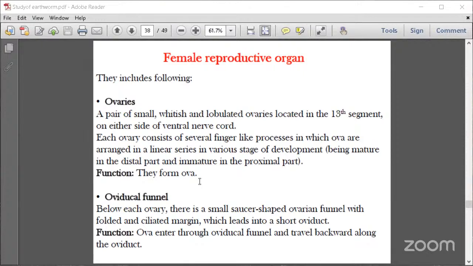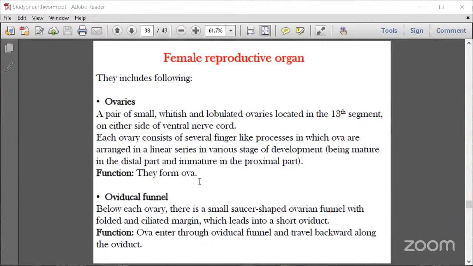Spermathecae are also called seminal receptacles, as they store spermatozoa from another worm during copulation. So, what are they? We'll see.